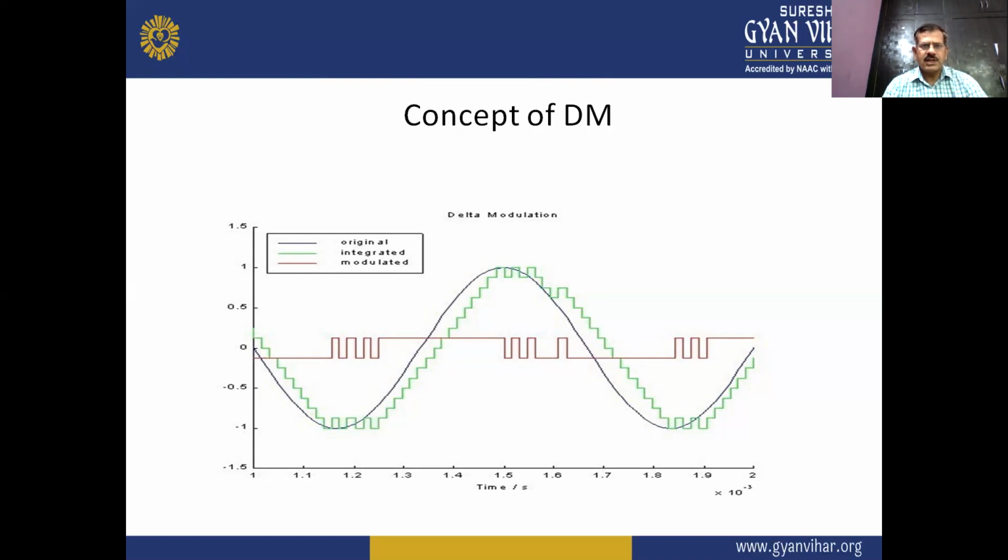Here is the concept of the delta modulation technique. In this waveform diagram, the first wave is the original signal, the second is the integrated signal, and the third one is the delta modulated signal.